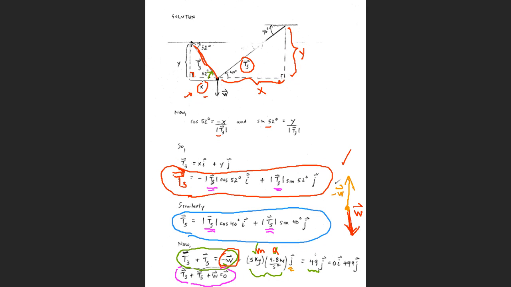There's no other component than the J vector, so the entire force, mass times acceleration, is the component of the J vector, and it's going to be a positive 49J because negative W points vertically upward. So far, so good? Does that answer that question?